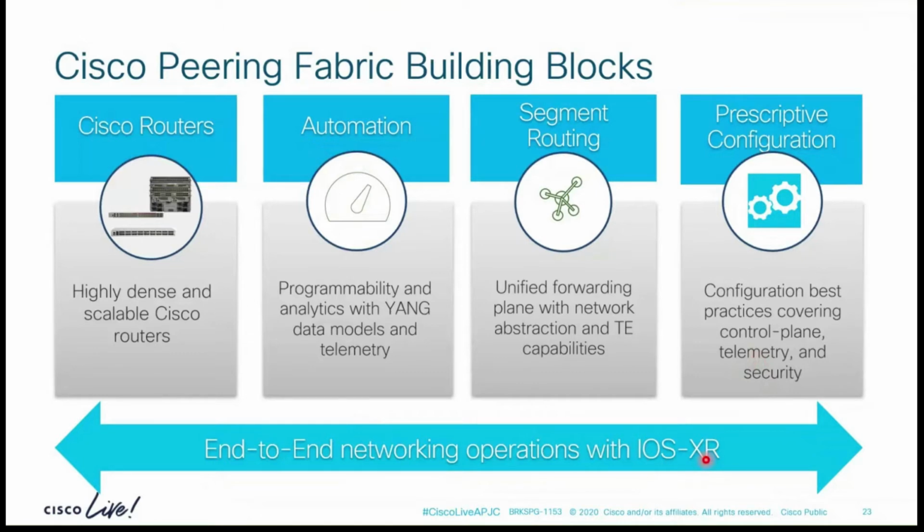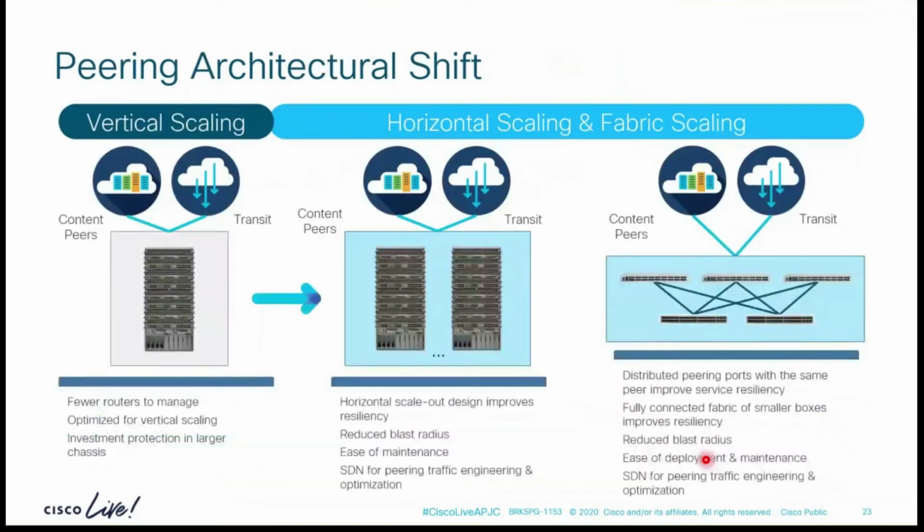So let's take a look at the architecture point of view. Initially, the internet gateway will grow in the vertical manner. We have a big chassis and start adding more line cards there. And to add more redundancy, we may add another chassis, the horizontal scale, but with the modular chassis router.